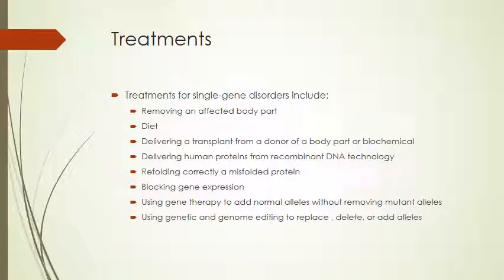If we look at the treatments for single gene disorders, some of these include removing an affected body part, such as the spleen, part of the liver; changing the diet, stopping people from eating certain things; delivering a transplant from a donor of a body part or possibly a biochemical; delivering human proteins from recombinant DNA technology; refolding correctly a misfolded protein; blocking gene expression; using gene therapy to add normal alleles without removing the mutant alleles; and using genetic and genome editing to replace, delete, or add alleles.